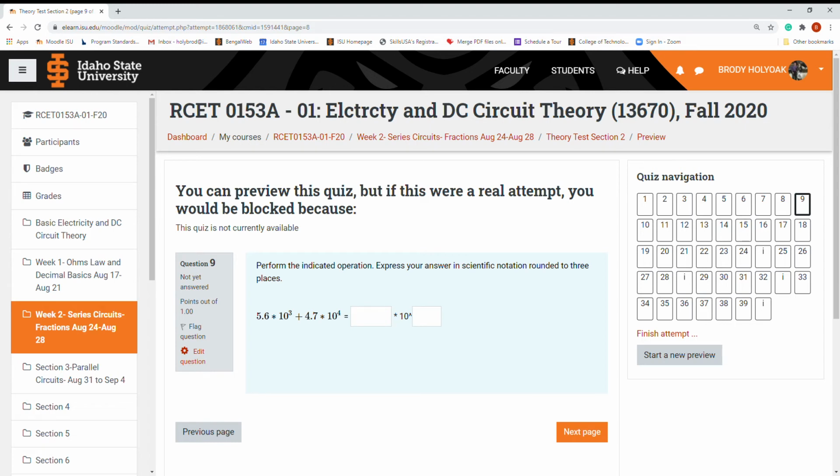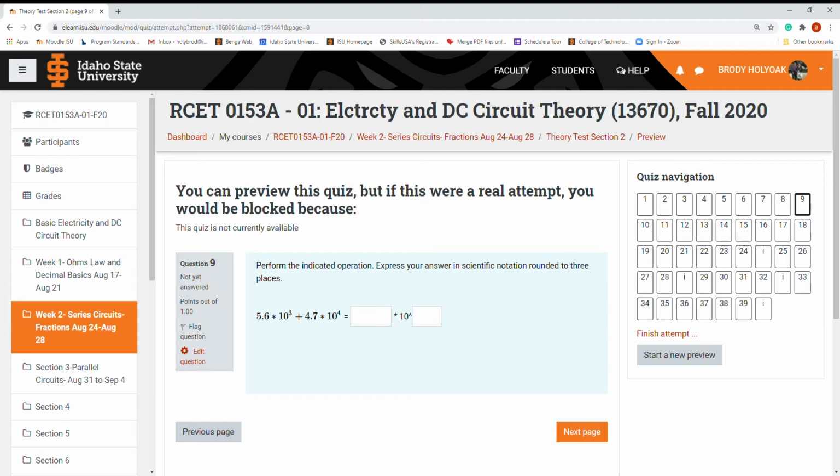Now let's just say we wanted to do this the other direction. We wanted to convert this one down to the third and add them together, because either way we could do it. So this is 5.6 times 10 to the third plus 47.0 times 10 to the third.